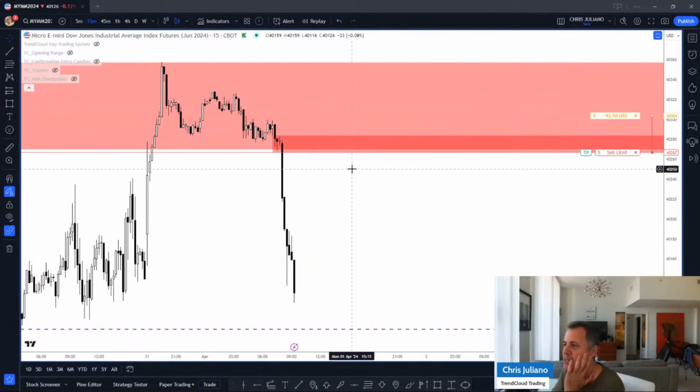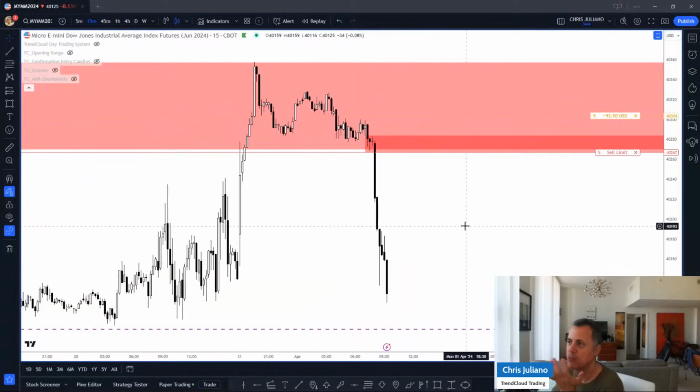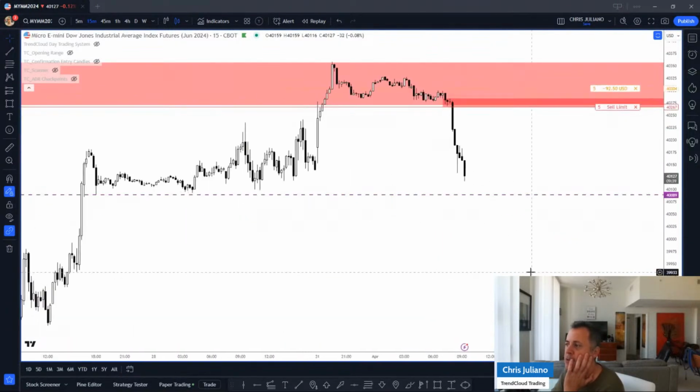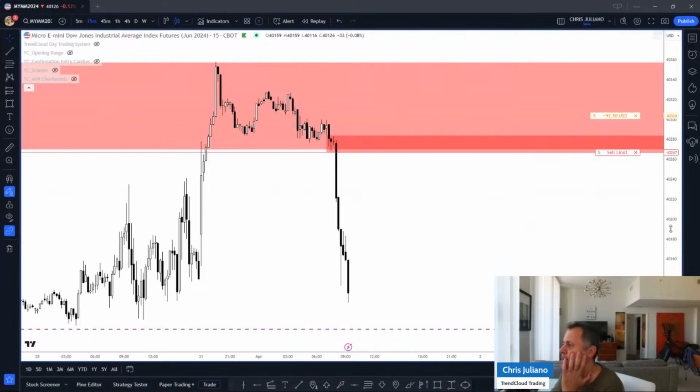So what we're asking for is a pullback into this area here for the move down. Will we get it? I don't know. I don't know. But that's a real nice setup here.